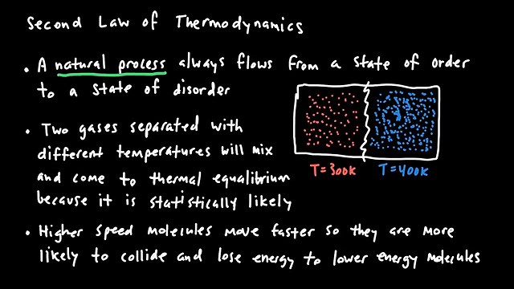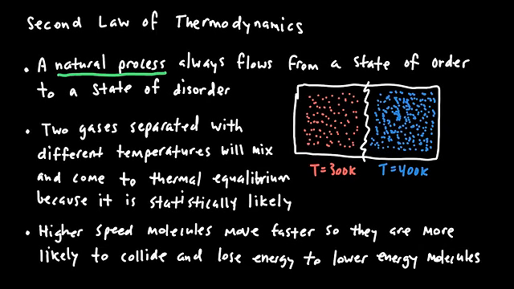One of the gases is at 300 Kelvin, and the other is at 400 Kelvin. And maybe the gas on the left and the gas on the right aren't even made of the same types of particles. If I remove that divider and give them some time to bounce around, then we come back later, and not only would they come to equal temperatures, but the gas particles would also be mixed.